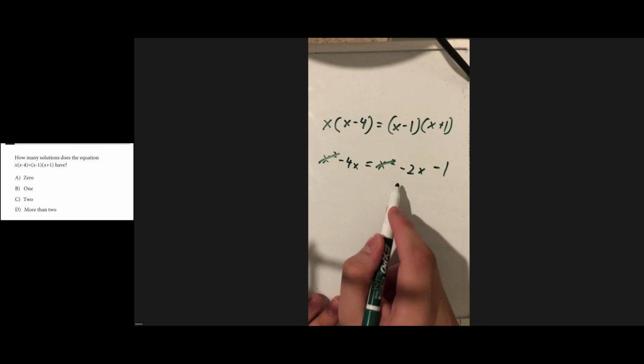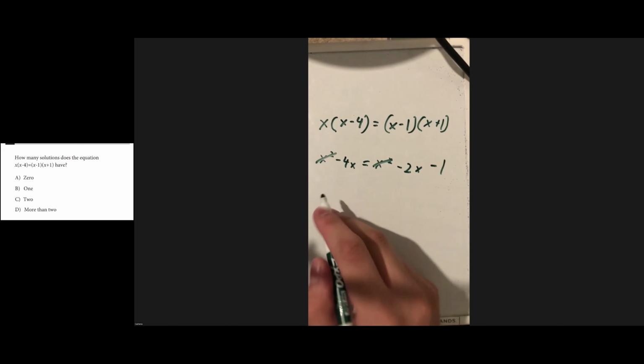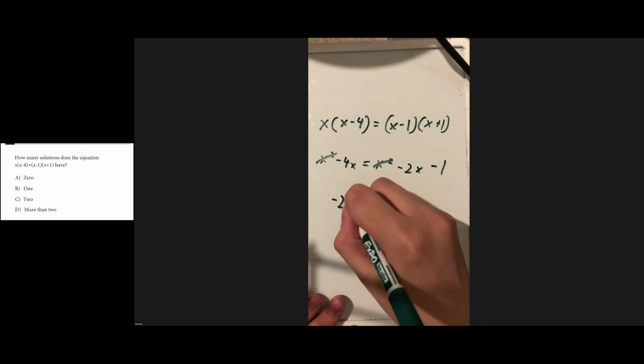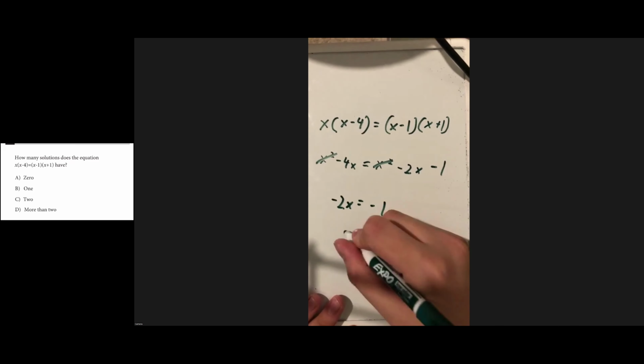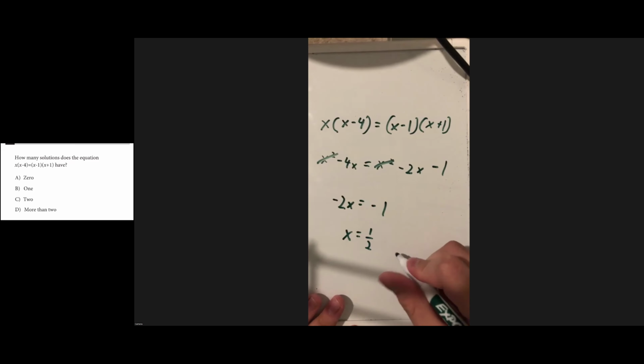And then you add 2x to both sides, and that gets you negative 2x equals negative 1, x equals 1/2, which means that there is only one solution, or answer choice B.